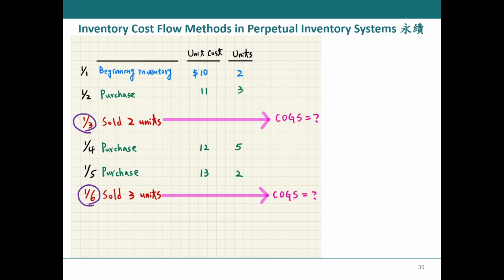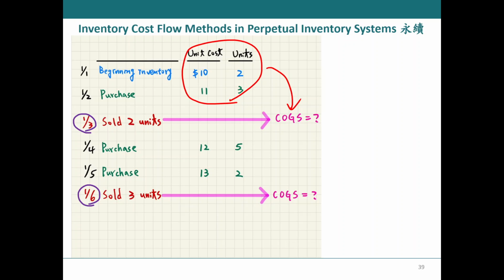5, right? Remember, you only have these 2 units, so that's the inventory you have. Okay? Don't look at the last 2. That's for the future, not for today.